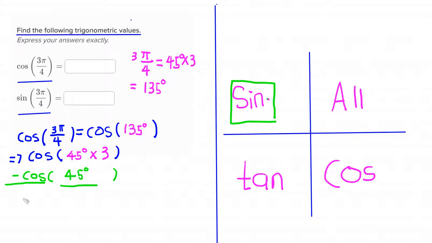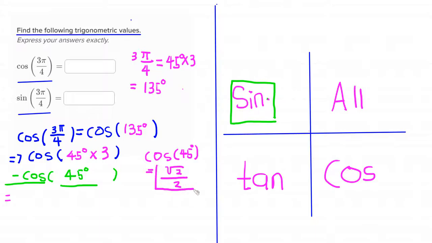And we can simplify this more. We already know the value of cosine of 45 degrees, which is equal to square root of 2 over 2.